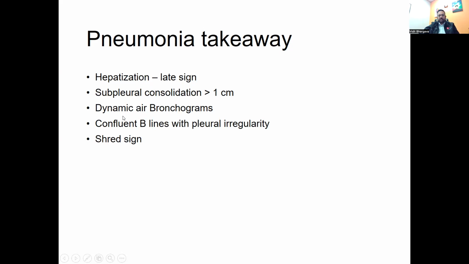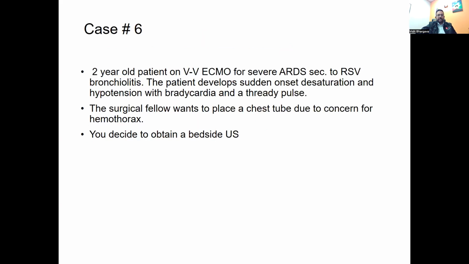Dynamic air bronchograms, what we saw in the case prior. Presence of confluent B lines with irregular pleura and then shred signs. Those are the 5 big things that help you differentiate between pneumonia and other pathologies. Of course, it doesn't tell you whether it's viral or bacterial or fungal, but at least you get some clue into the characterization of the disease.